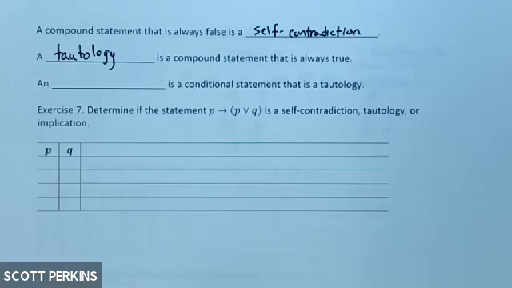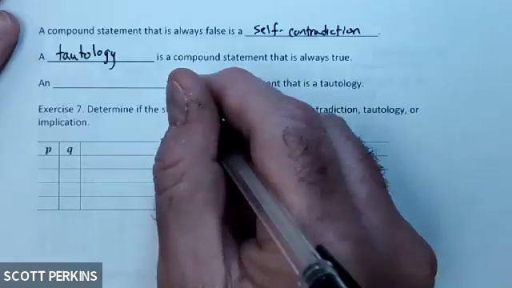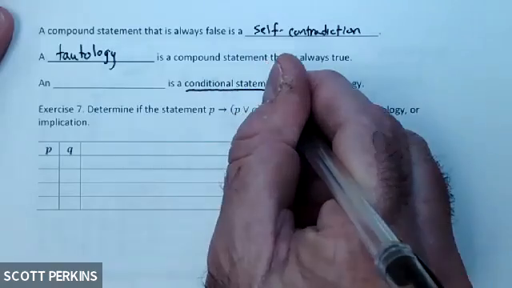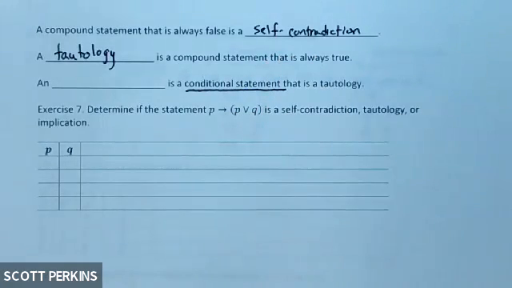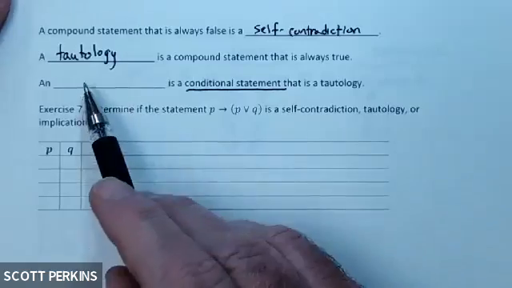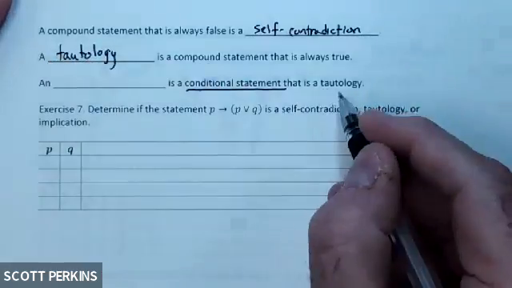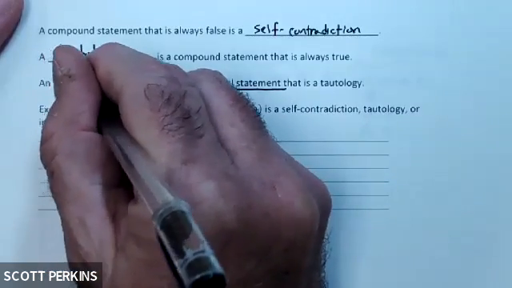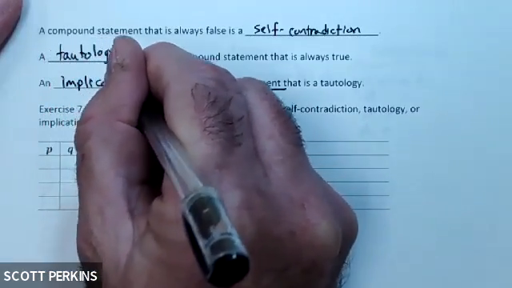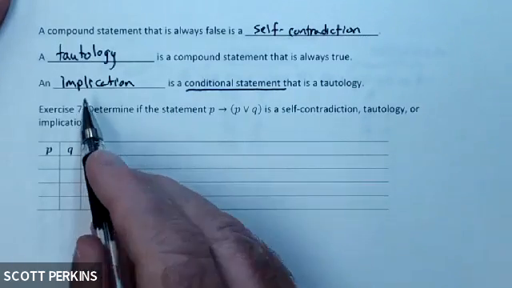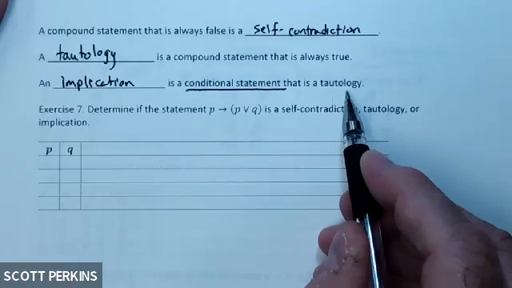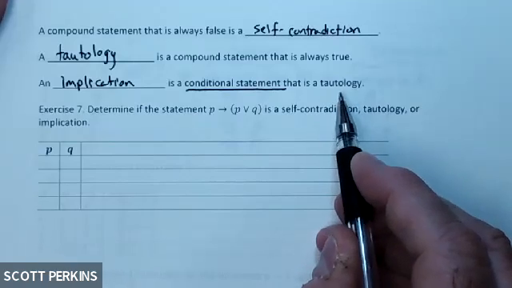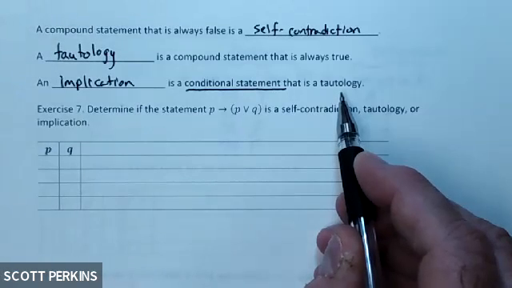Now, tautologies are great. And when we go to do arguments, we're going to make our argument in the form of a conditional statement. So there is a specific type of tautology that is a conditional statement, and this is called an implication. An implication is also a tautology. It's always true, but it's a more specific category.